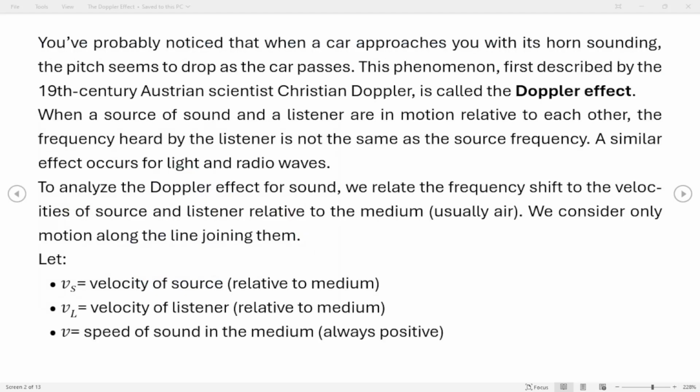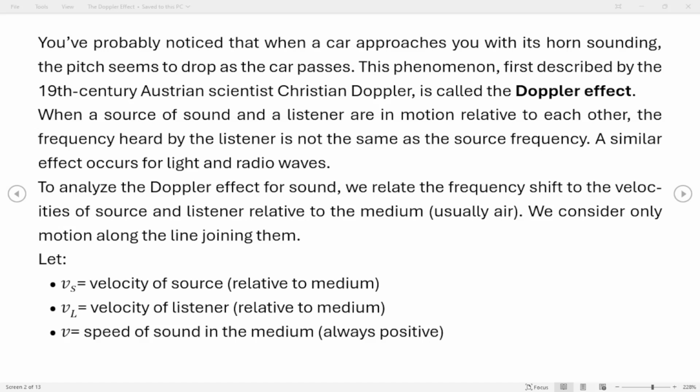Okay. Now, for computational purposes, we use different symbols. We use nu sub s, which refers to the velocity of the source. For the velocity of the listener, we use nu sub L. And the speed of the sound, which refers to how fast the sound is traveling in a particular medium, we use nu, or sometimes the letter v.